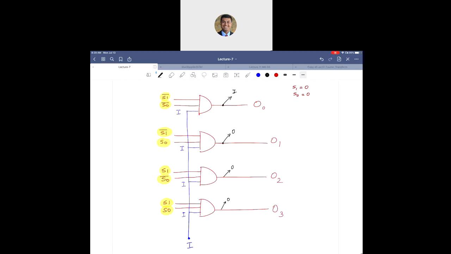Because both the inputs of the AND gate need to be 1 in order for that particular input to go through. And that only happens over here for the first AND gate, because S1 is 0 and S0 is 0. And as you go down this list of 0 0, 0 1, 1 0, 1 1, that will switch to O1, O2, O3, and that's it.